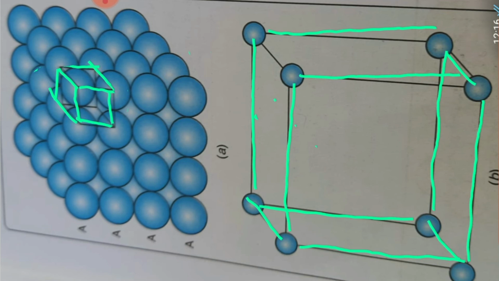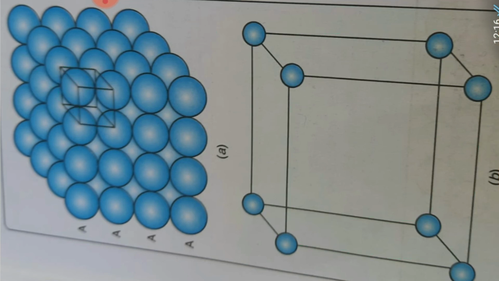So there was the formation of only a square, but it is 3D, that is why a cube is forming. And this above arrangement is also called simple cubic packing.